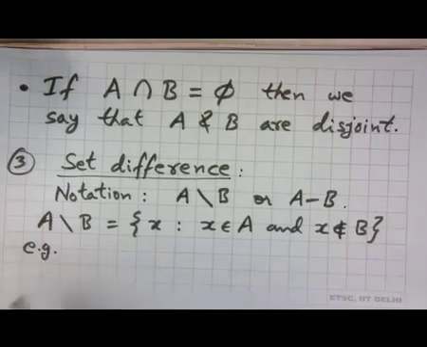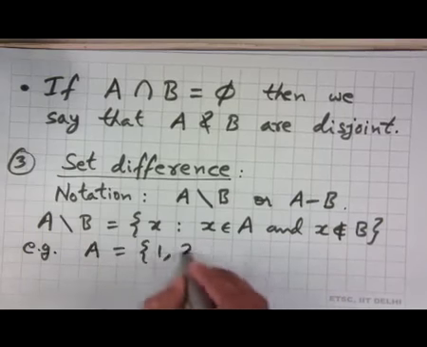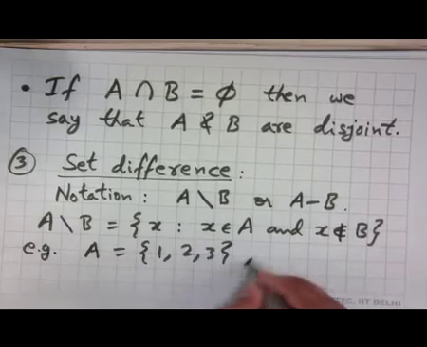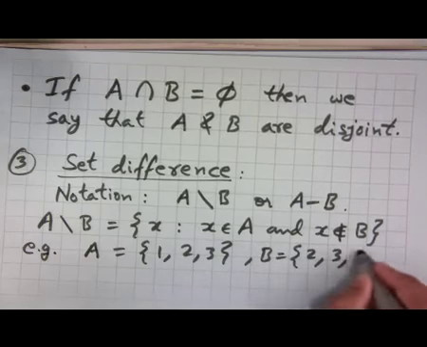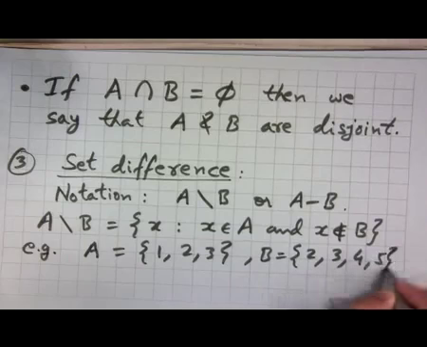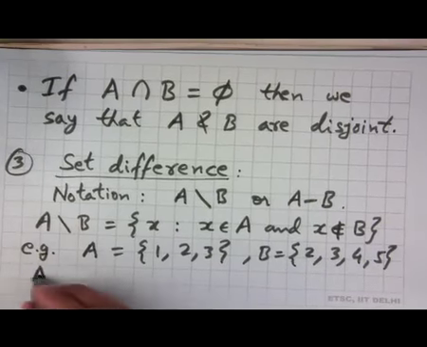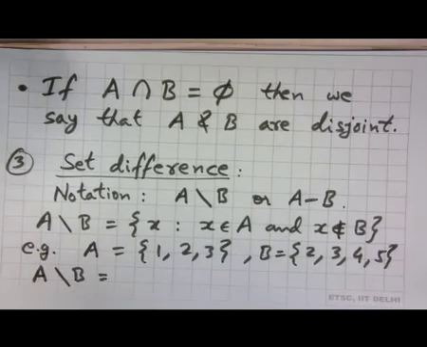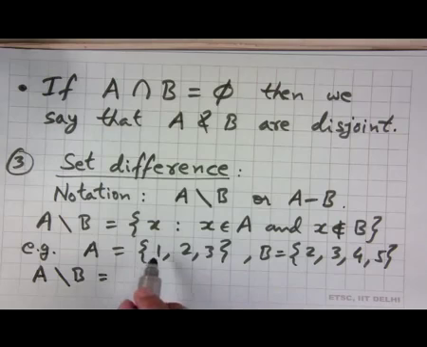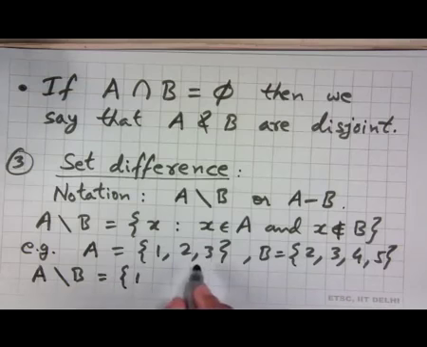Okay. So, for example, A equal to 1, 2, 3, B is 2, 3, 4, 5. Then A minus B, we have to look at all the elements of A which are not in B. So, 1 is in A and not in B, 2 and 3 are in A, but they are in B also.